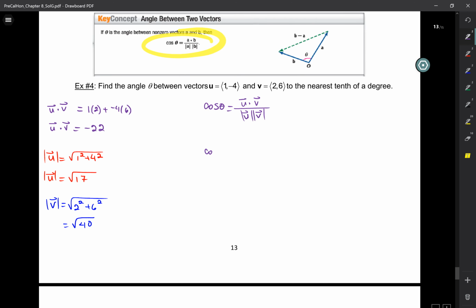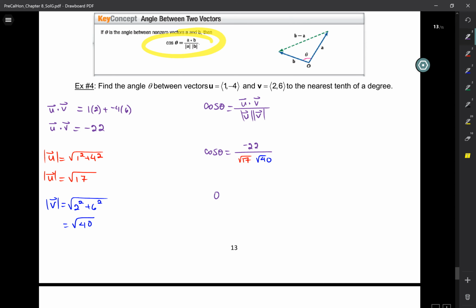Now, cosine of theta is U dot V, which is negative 22. So you see how they're each different quantities? U dot V is one thing. Magnitude of U is root 17. Magnitude of V is root 40.